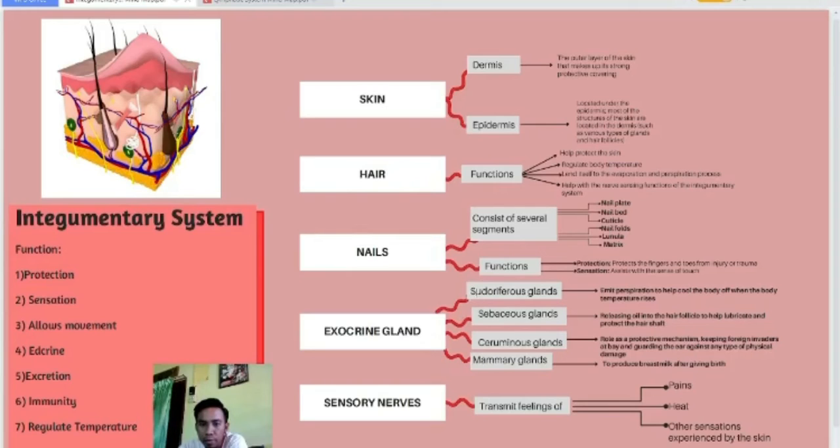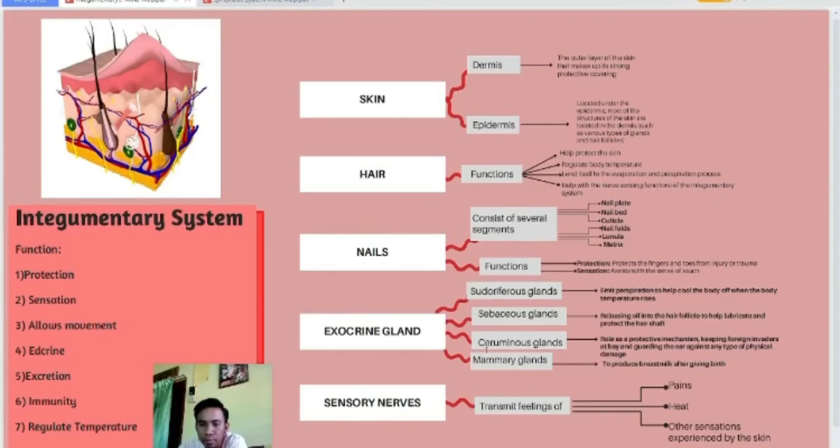Next, we have exocrine glands. First, we have sudoriferous glands. Their function is to emit perspiration to help cool the body off when the body temperature rises. Second, we have sebaceous glands, which release oil into the hair follicle to help lubricate and protect the hair shaft.